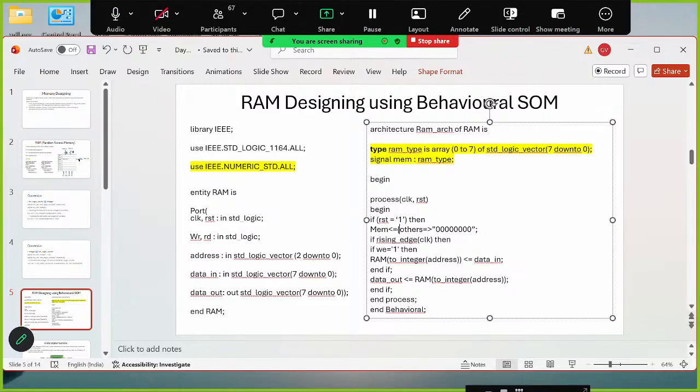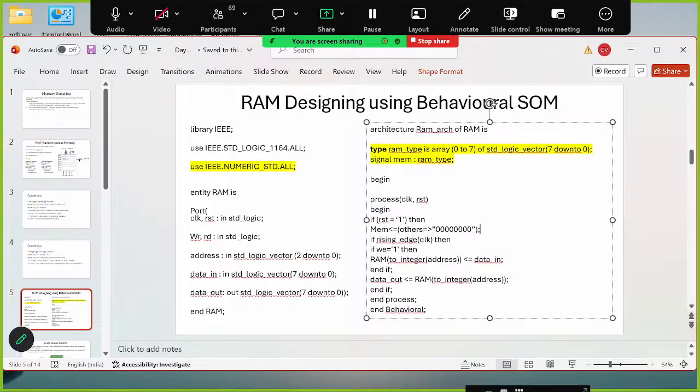Okay, so this is a specific type of keyword that you can write in your program. Others implies that 0 0 0 0 0 0. You can do in this manner.